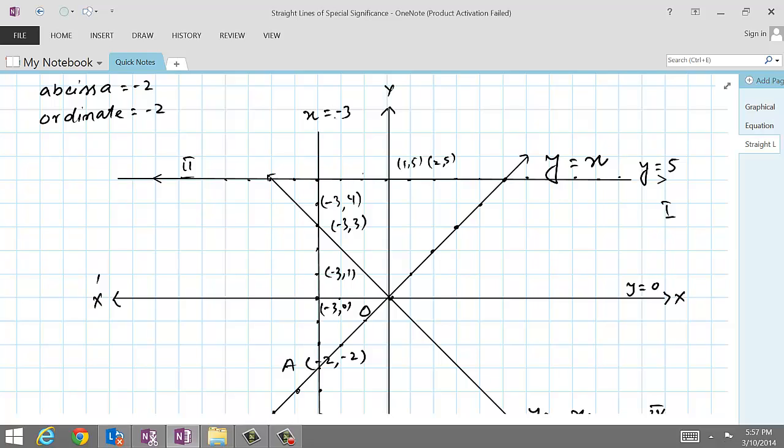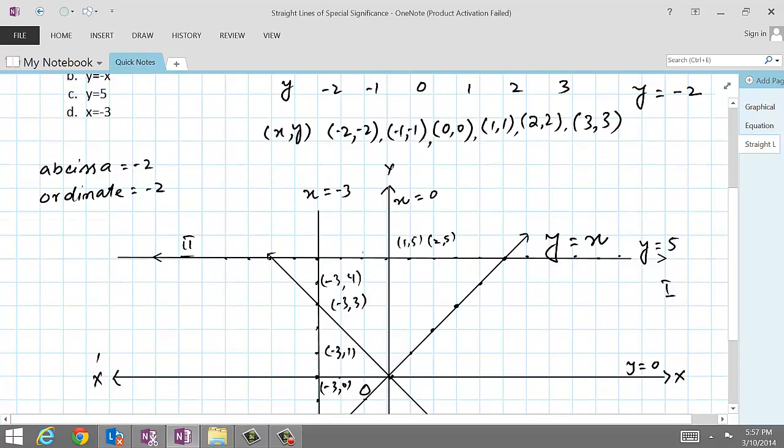And if this line is to the right of the y-axis, x equal to 1, 2, 3, 4. And what will be the equation of the y-axis itself? For the y-axis, x will always be equal to 0. Therefore, the equation of the y-axis itself is x equal to 0.